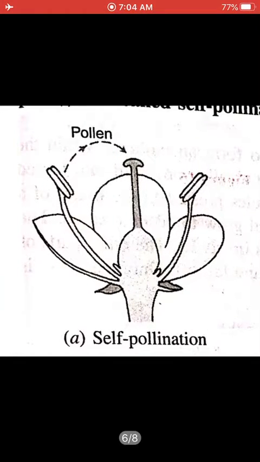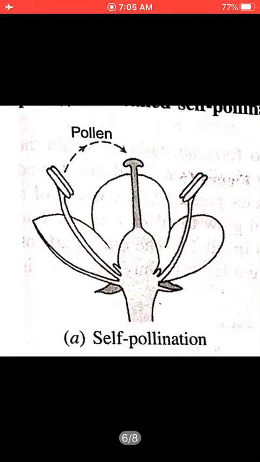It is divided into two types, based on nature. If pollen grain is transferred from the anther of a flower to the stigma of the same flower, keep in mind that only one flower is involved, and it should be done naturally.